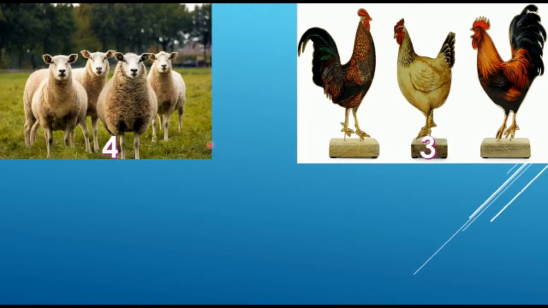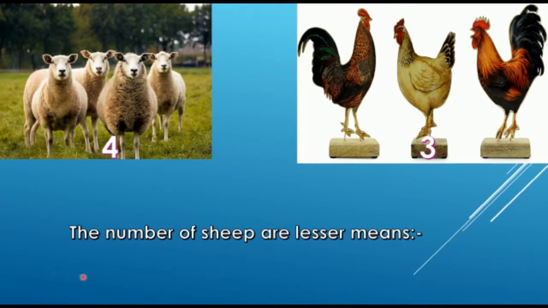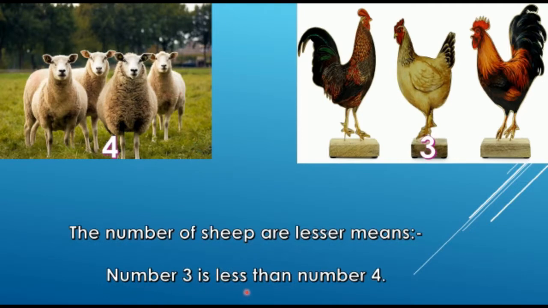Here 4 sheep, 1, 2, 3, 4. And here 3 hens, 1, 2, 3. Means number 3 is lesser than number 4. The number of hens is lesser, which means number 3 is less than number 4.